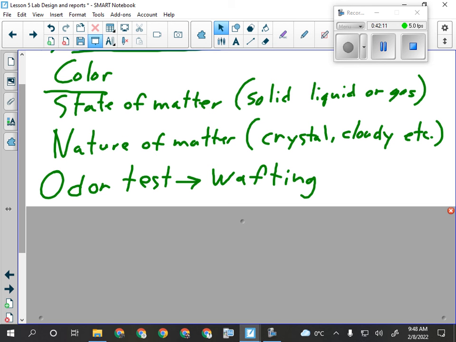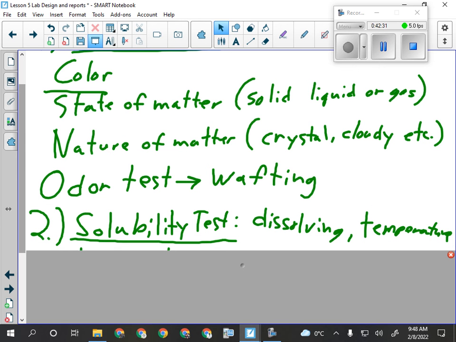We do have to be a bit careful with that, obviously being COVID. You're going to send one group member up and they're going to pull down their mask and do the wafting test and then put the mask back up. Yeah, it sucks, but that's the way we have to do it. So you'll have a depression plate with the stuff in there. Once we've done the observable properties, the next thing to do is see whether it dissolves in water.